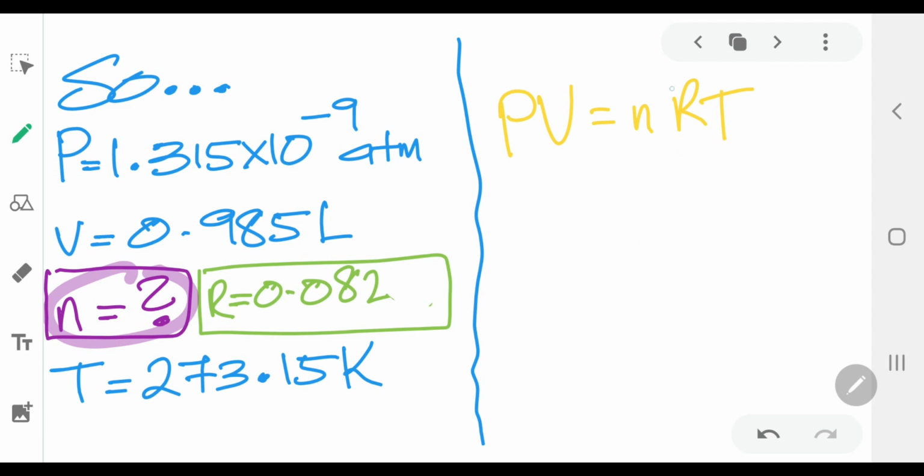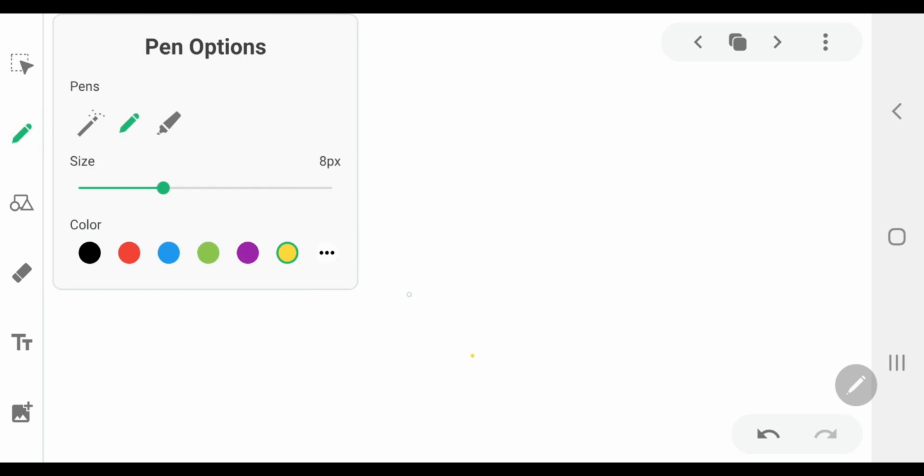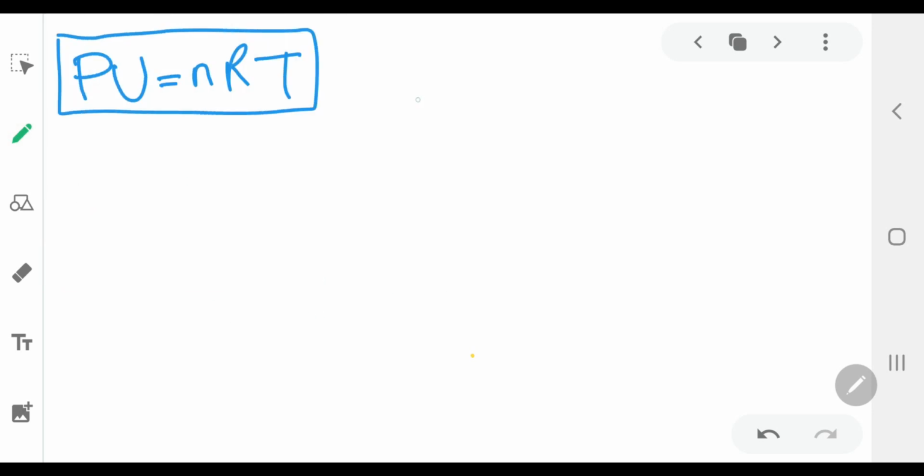When you rearrange all of that, you get n equals PV over RT. It's a very simple formula. So when you solve that, n equals PV over RT.